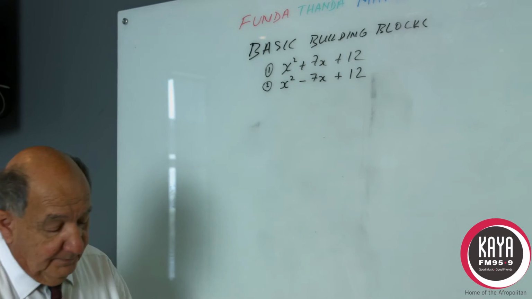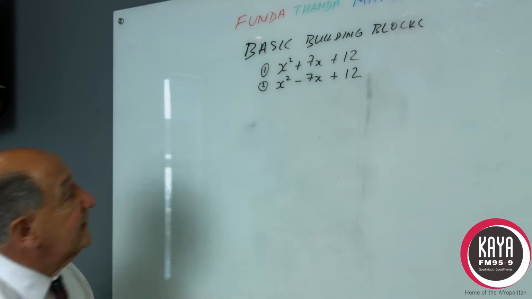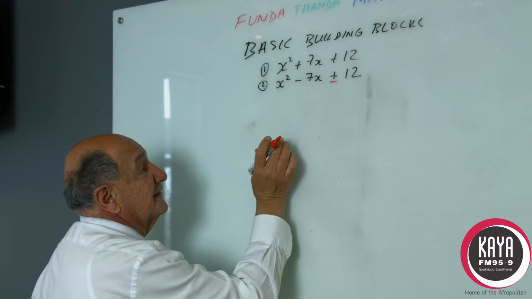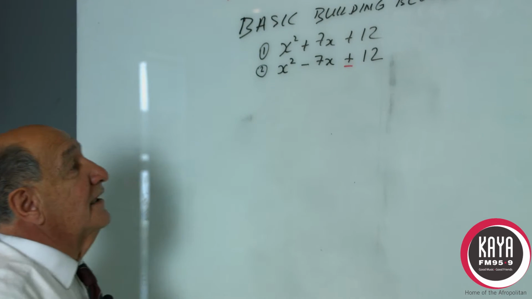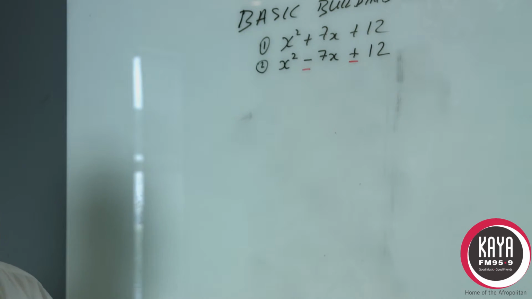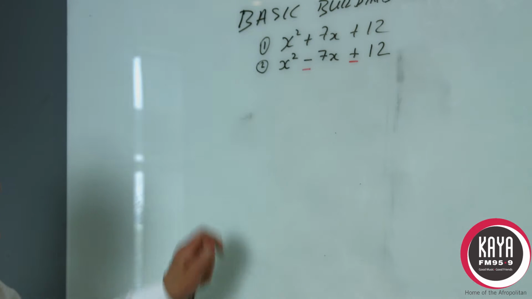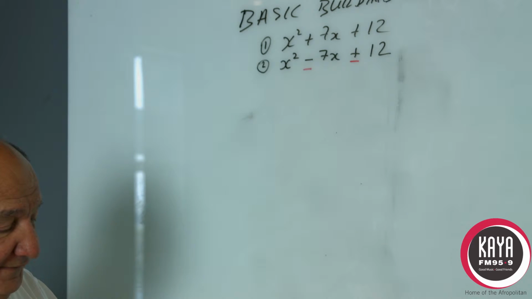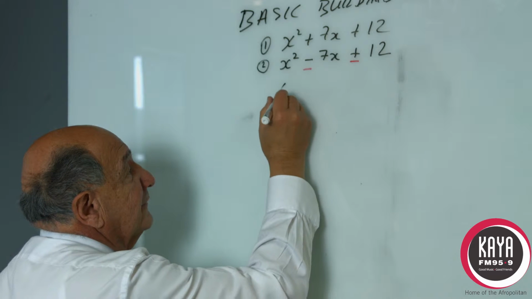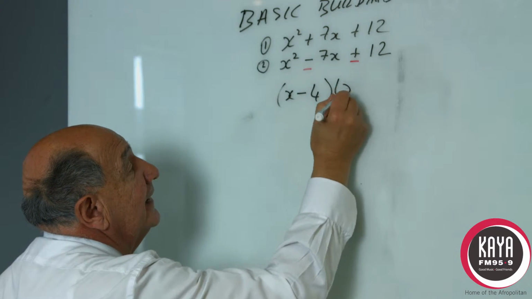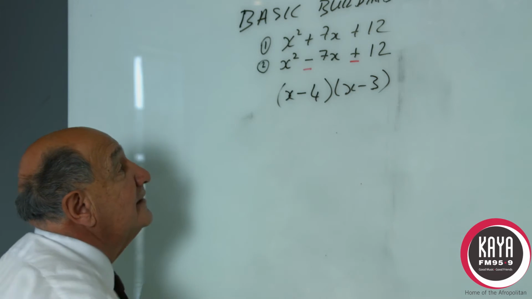This plus sign tells you that the two signs in the factorization are going to be the same, and the first sign will tell you that it's going to be negative. So we need to factorize this with two negatives. So here our factorization will be (x minus 4)(x minus 3).